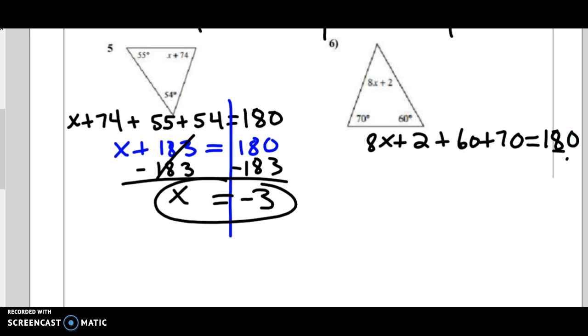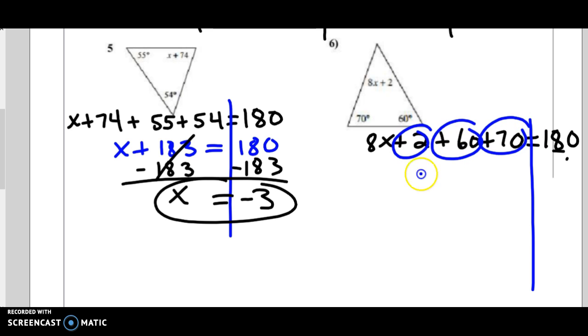So now I just need to solve my equation. I'm going to draw a river through the equal sign, and because I have like terms on the left side of the equation, I'm going to combine them. So I have positive 2, positive 60, and positive 70. When I combine those, I'm left with 8x plus 132 equals 180. Then, just a two-step equation.